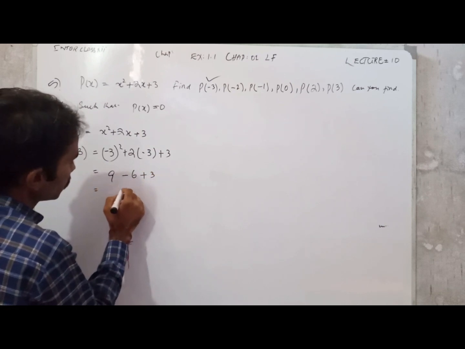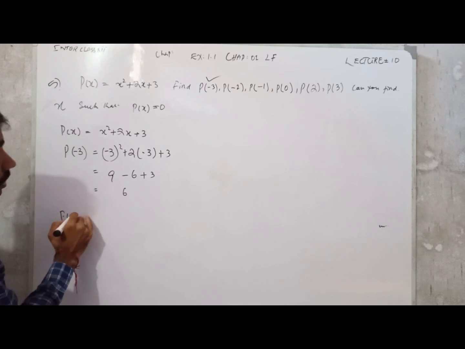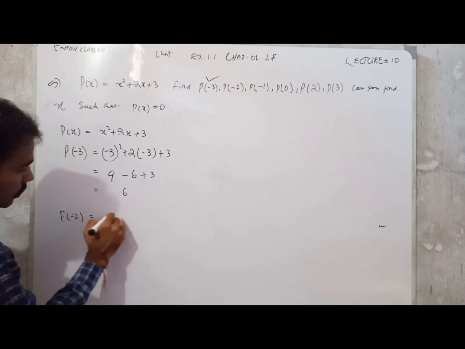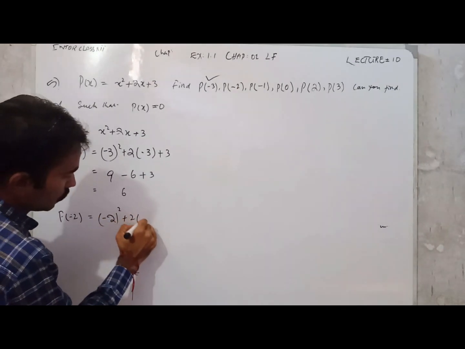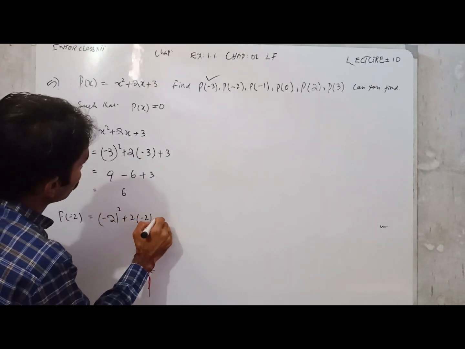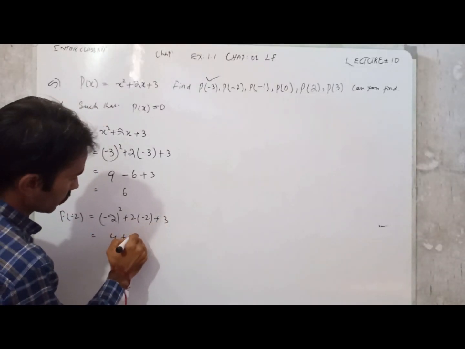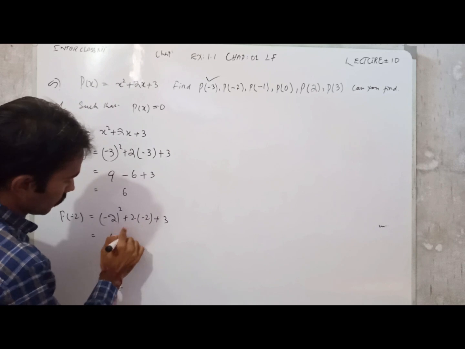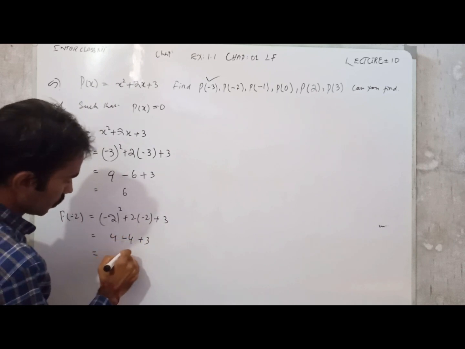So it will be 6. Now we will put minus 2: minus 2 whole square plus 2 times minus 2 plus 3 is equal to 4 minus 4 plus 3, which is equal to 3.